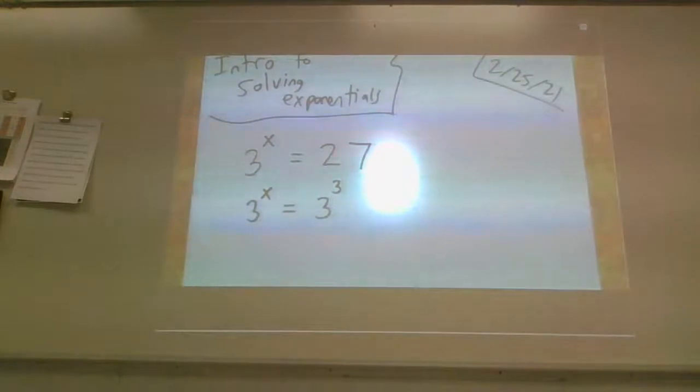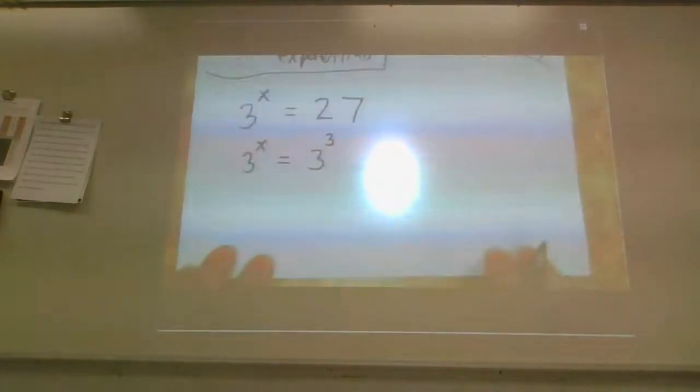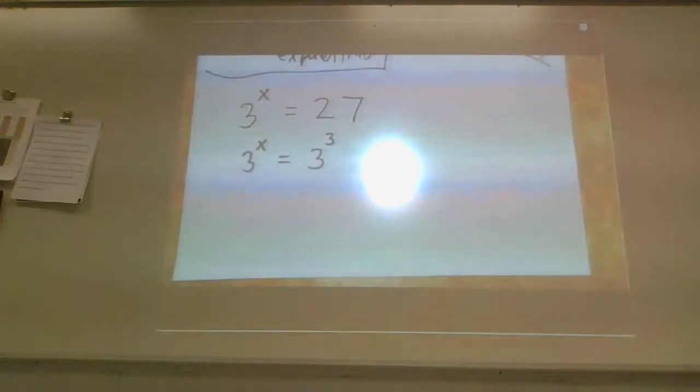It equals 3 cubed. Now, there is a property in mathematics that deals exclusively with what you see in front of you, and I'm going to write down that property in a few minutes. But when you have 27 is 3 cubed, what's the big deal? Well, if the bases are the same, then the exponents are equal to one another.